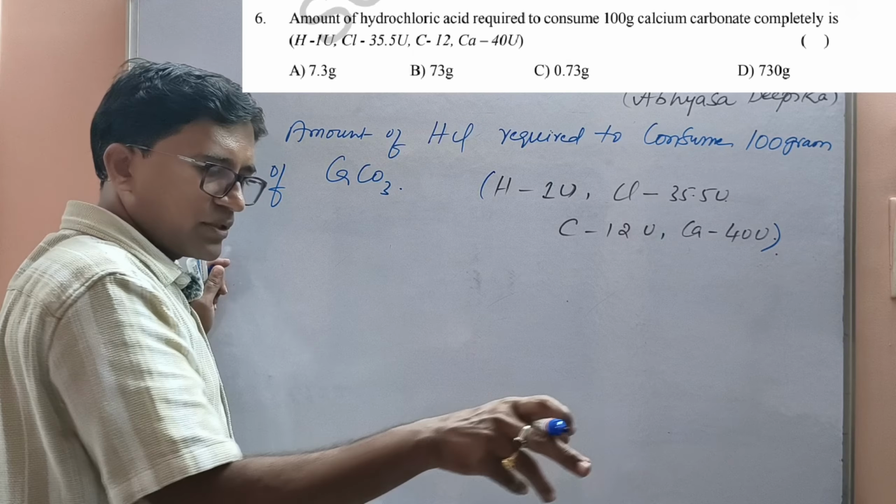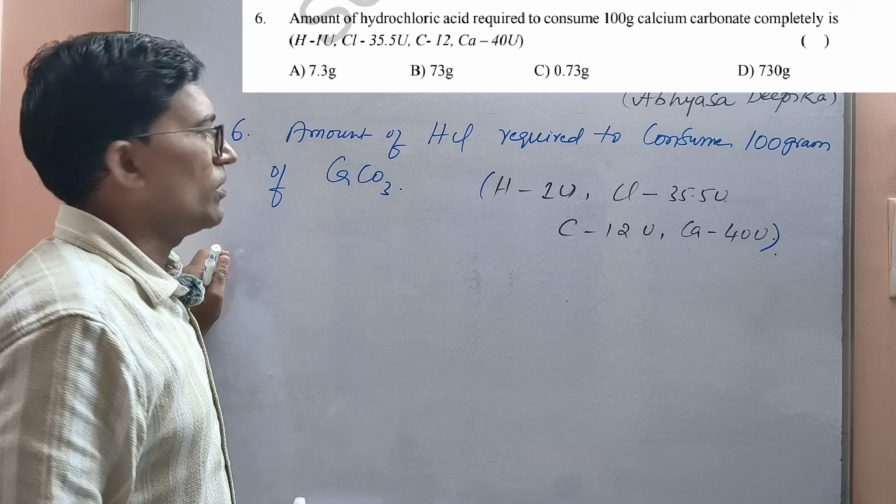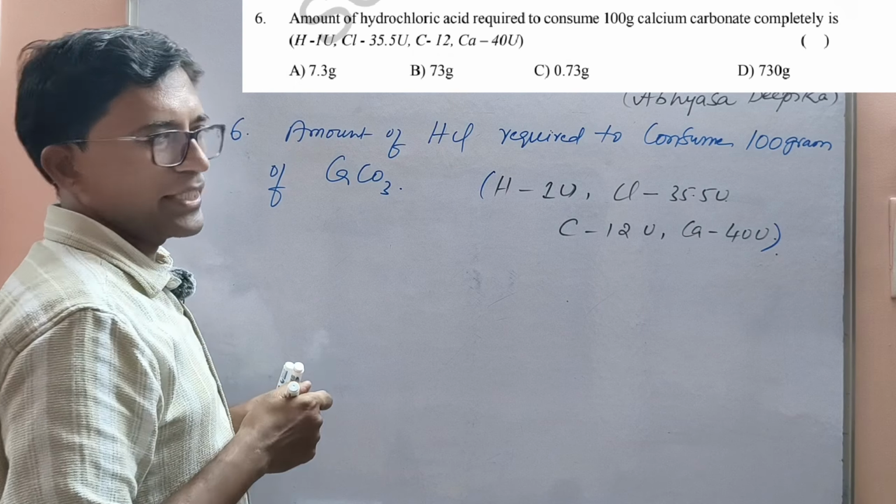I'm displaying the question on the screen. You check the options there, and finally I will try to solve this problem. Amount of HCl required to consume 100 gram of calcium carbonate.